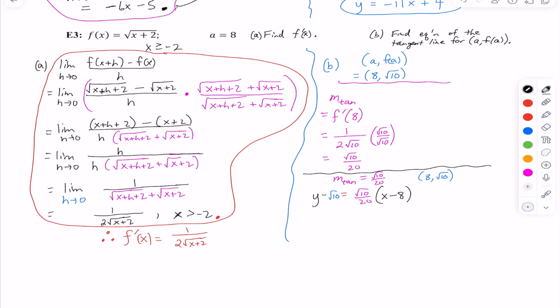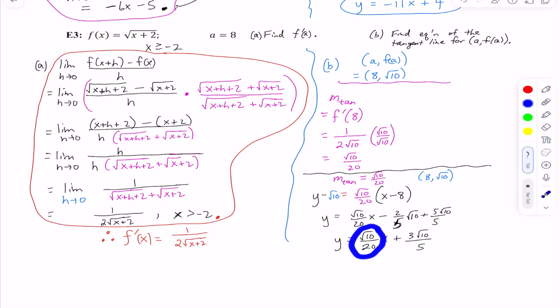And feel free to simplify this. And notice the equation of the tangent line is this. And you're done. Since the slope is positive at the point of tangency, we know that this function is actually increasing when x is equal to 8.